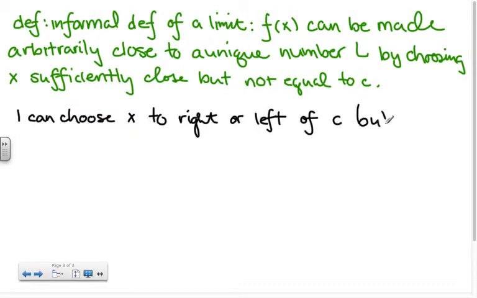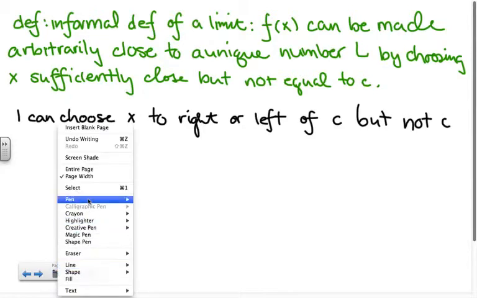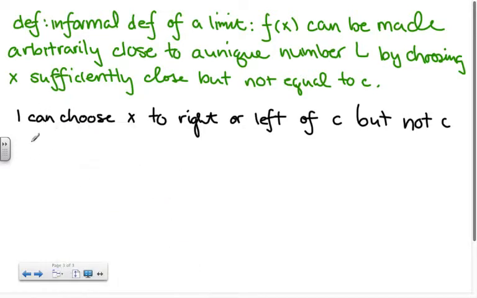But not C. And it's very important to try to see. And we have what we call limit notation. So this is the limit as x approaches C. And this is red.